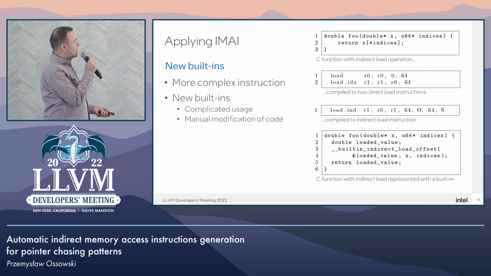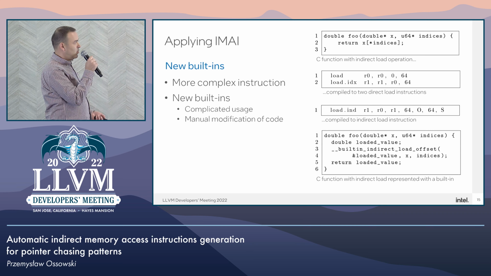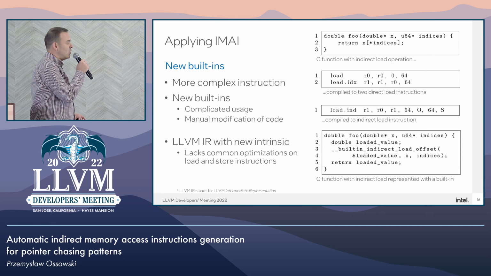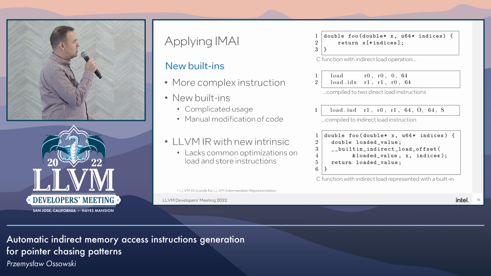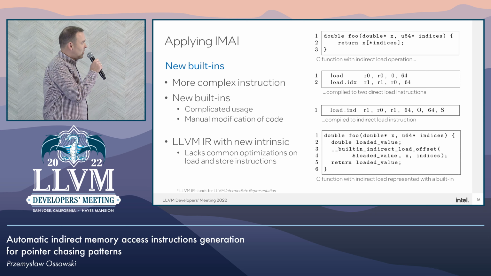As we can see, it will require significant modification of the code. Additionally, if we are using a built-in, it will probably end up internally as an intrinsic, which eventually lacks common optimization on load and store instructions.